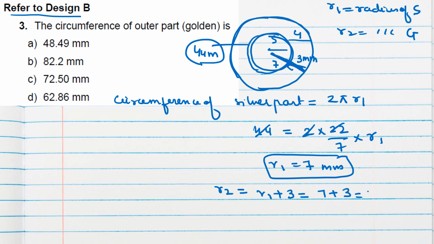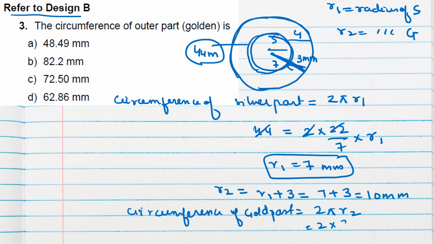So that means 10 millimeter is the radius of the gold part. So we can find the circumference of the gold part now. That will be 2 pi r2. So 2 into 22 by 7, and R2 is 10.